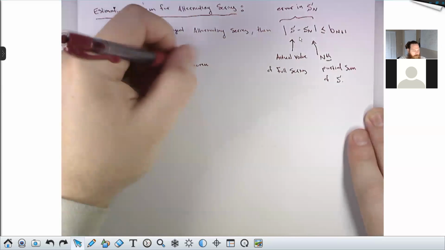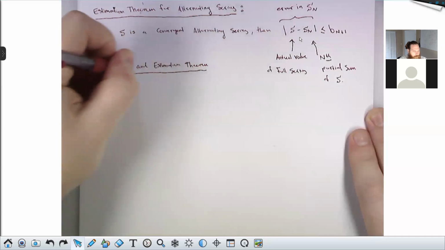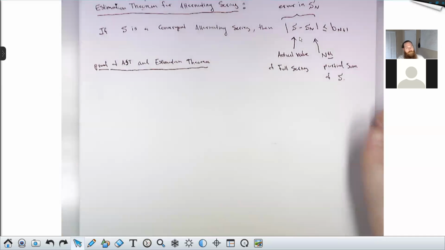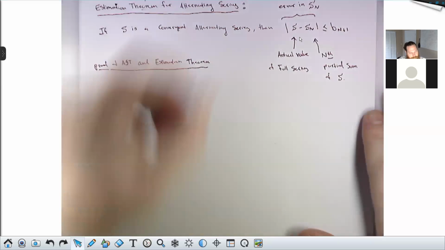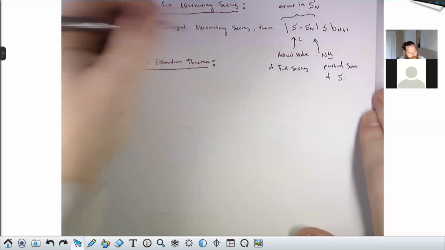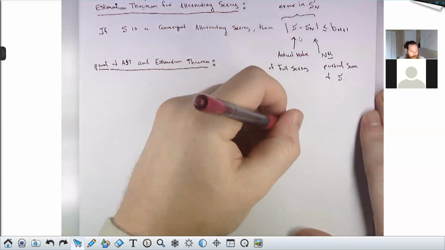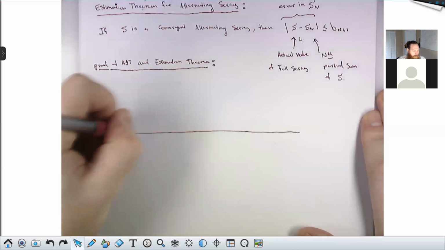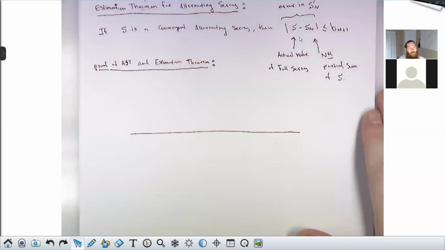So the picture I'm about to draw for you, once explained and understood, proves both of those things at once. The picture is in your textbook as well. So here's a number line.